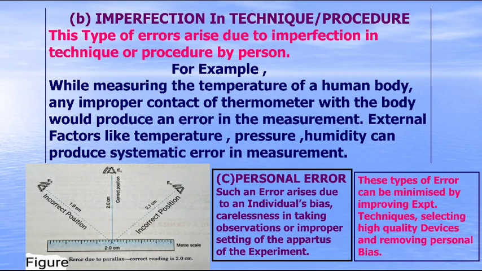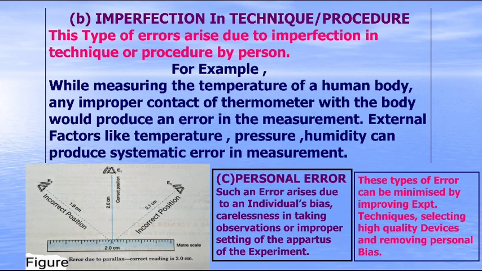So if we are using a technique to measure a quantity with an instrument, but there is an error due to this imperfect technique, then the error is produced in each observation. Here we have given one example of the thermometer: if you do not put the thermometer in the proper way, then you will get the error.